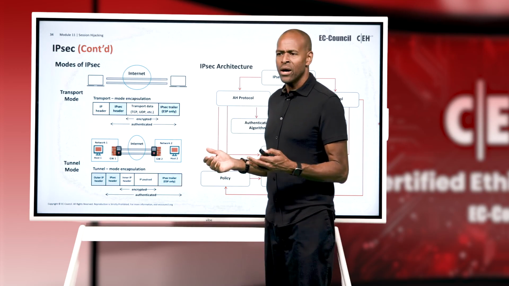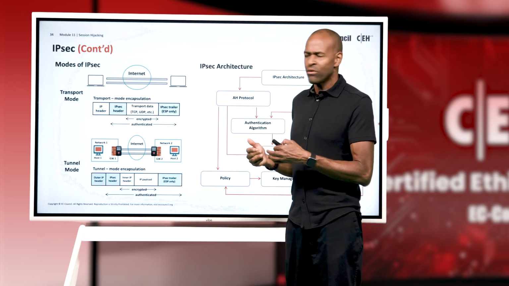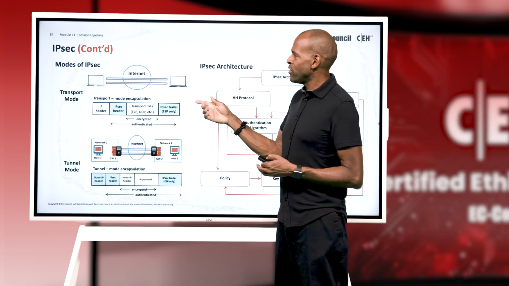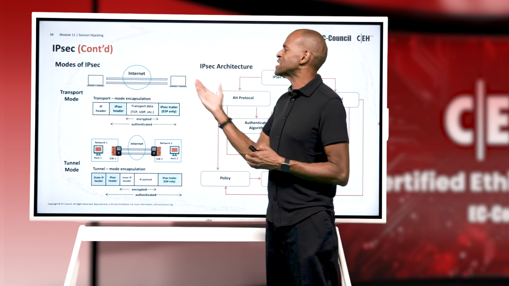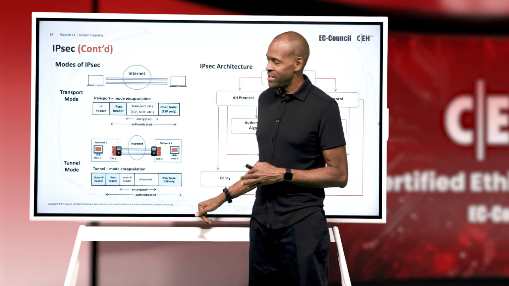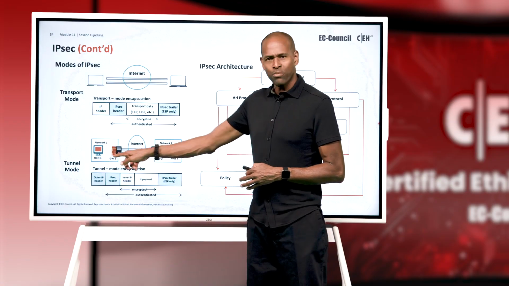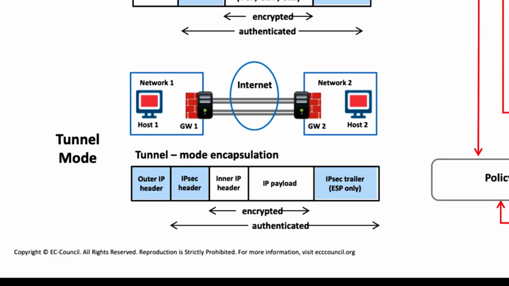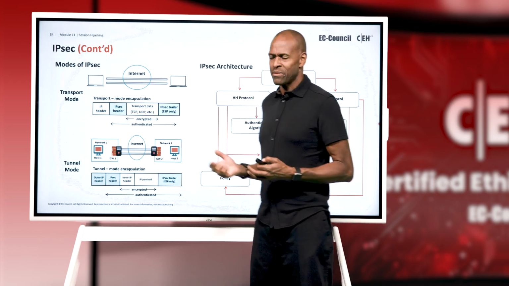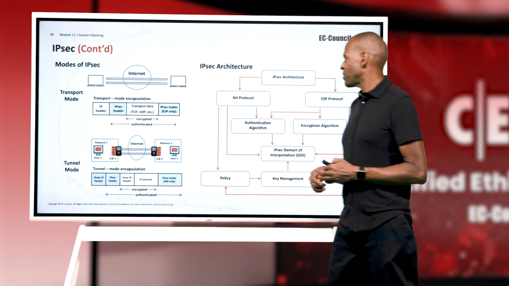So if you're using a VPN that's run through IPsec and you're able to move around the internet, then you're using transport mode. But if you encapsulate the entire packet, then you'll need to have a point-to-point connection between two gateways. At one end, that entire packet is encrypted, it's sent to the other end and then decrypted. So that would be tunnel mode.